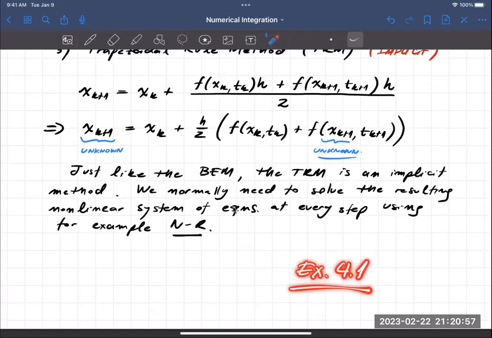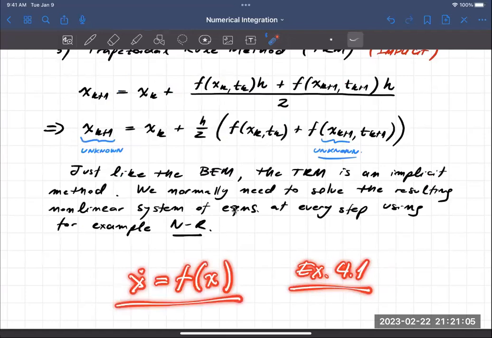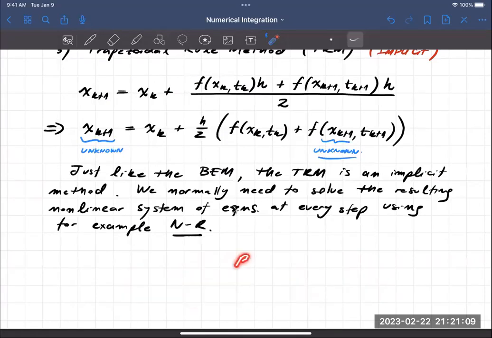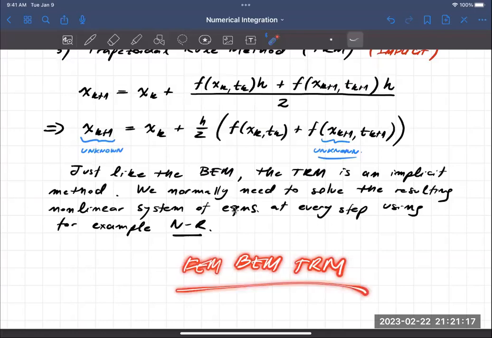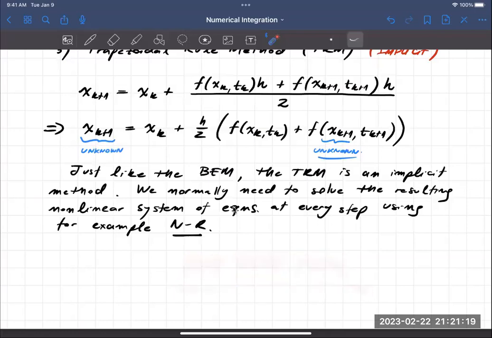We're going to have some system x dot equals f of x, right? And we're going to solve it. We're going to approximate the solution using these three methods: backward Euler, forward Euler, and the trapezoidal rule method. Those three. Okay, that's what we're going to do next class.